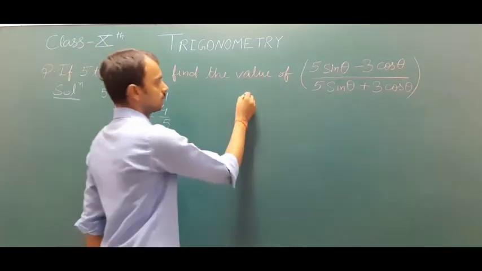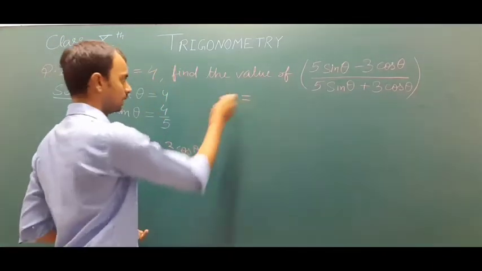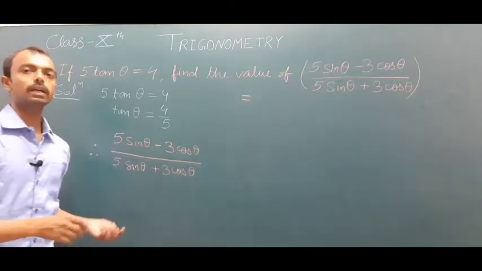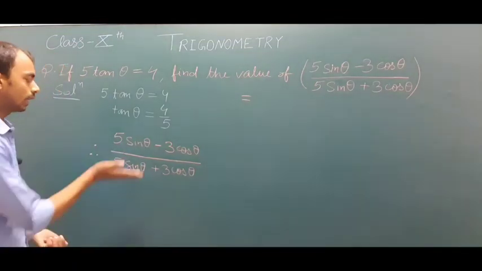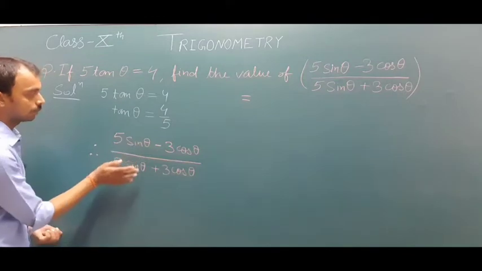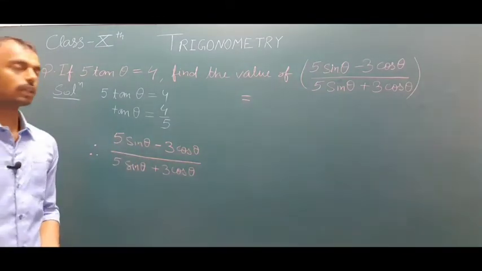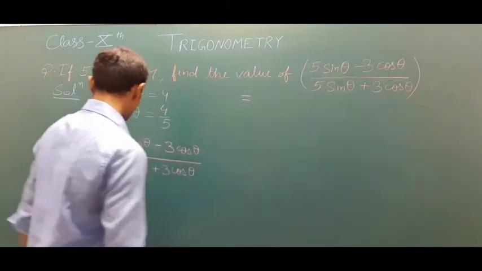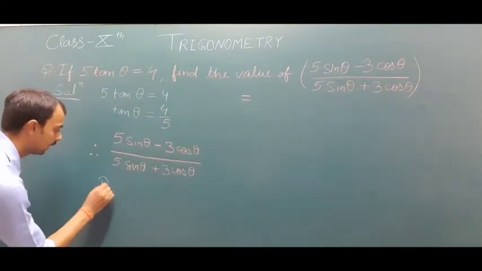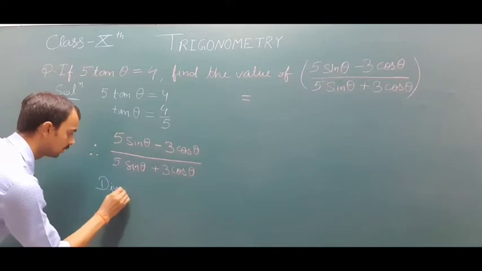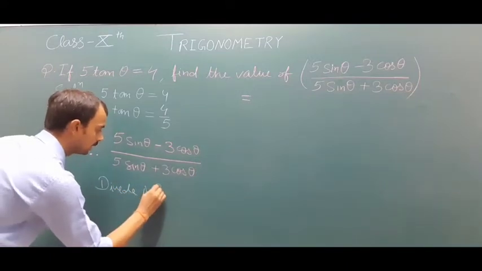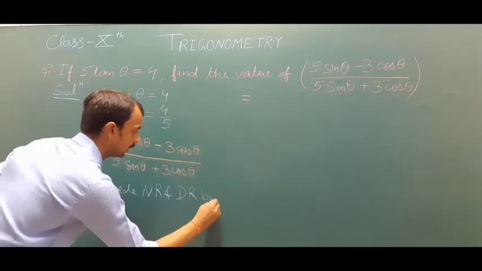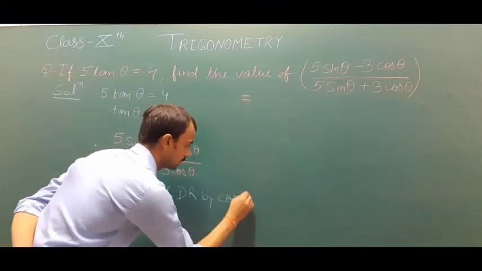I will write over here, okay, equals to this. If I divide numerator and denominator by cos theta, I can get tan theta over here because sine upon cos is tan. Okay. Now divide numerator and denominator by cos theta.